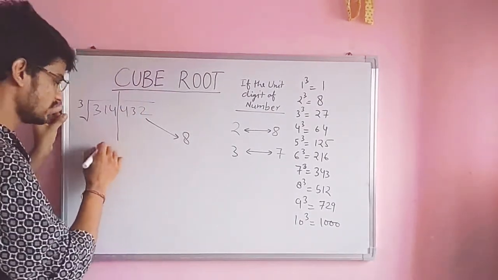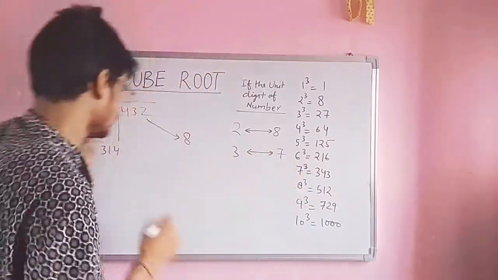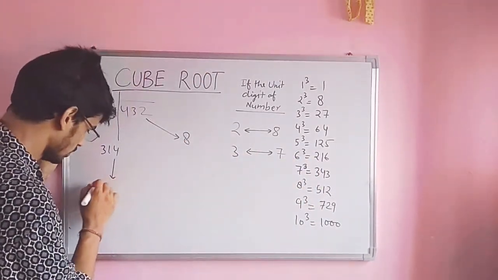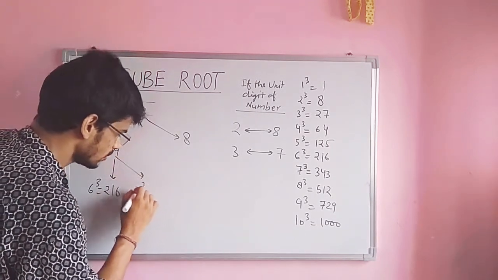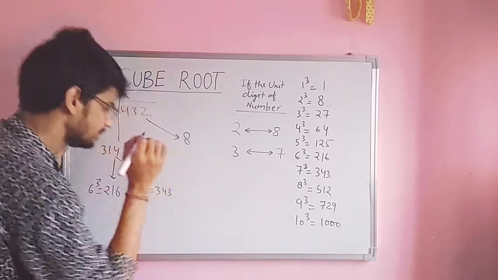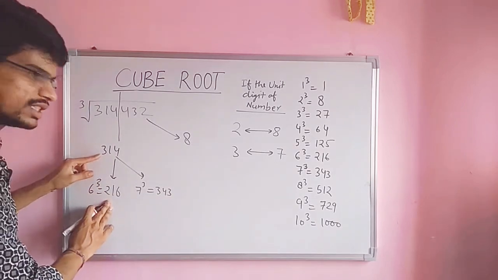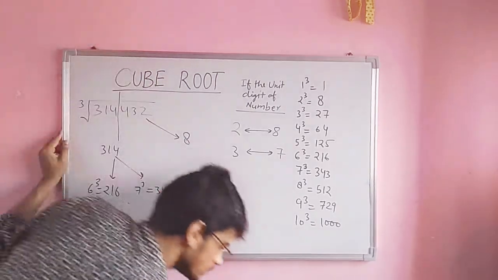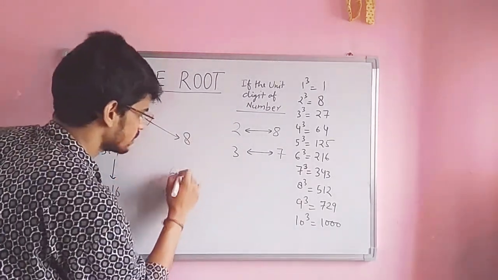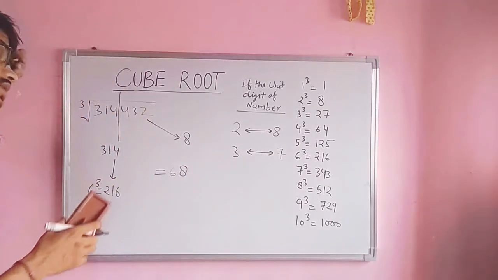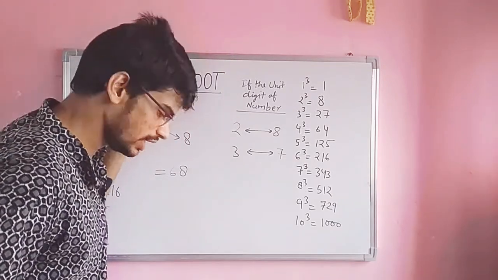Leave the last 3 digits. 314 comes under which category? 314 comes under 6 cube and 7 cube. 6 cube is how much? 216. And 7 cube is how much? 343. Clear? 343 is greater than 314, and 216 is lesser than 314. That's why we consider this one. So now combine the values: 68 is the cube root of 314432. Clear?